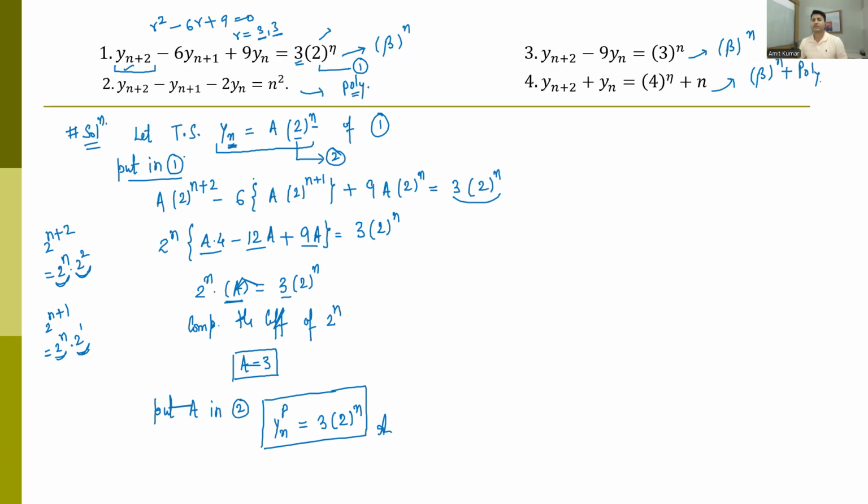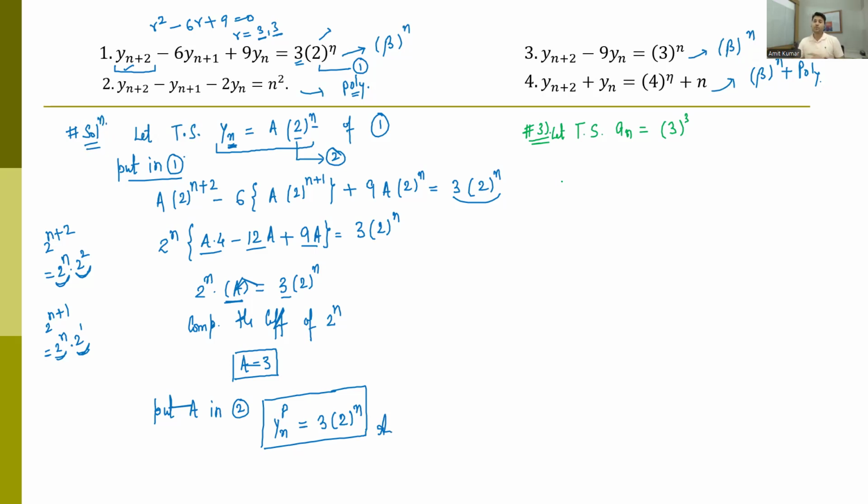Now let us talk about example number 2, or before that, example number 3. Why am I taking the third first? Because it is also beta power n. So over here, your trial solution yn will look like 3 power n. Let your trial solution be 3 power n.